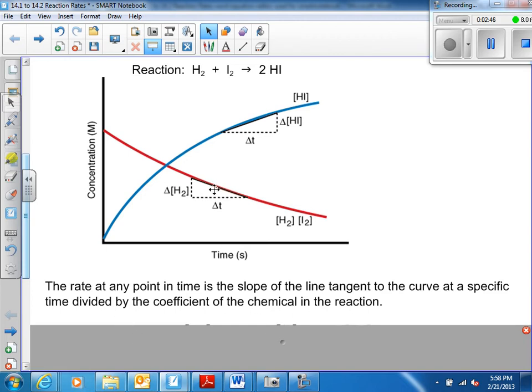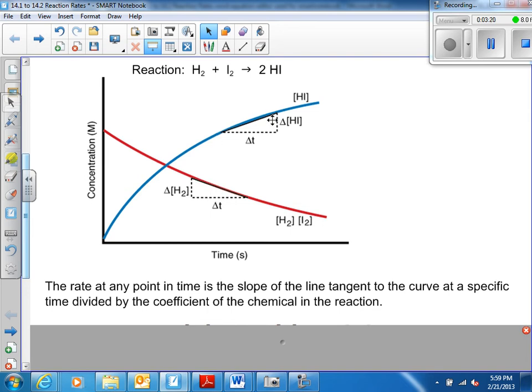So right here, notice this little triangle, they're taking a tangent line to the red curve at this point right here. And so at that point, the Y value, concentration of H2, is changing by this much, and the X value is changing by this much. So we would do the Y value over the X value. Y over X is slope. So this would be our slope of the tangent line, the line tangent to a curve. It's where it touches the curve at only one point on the curve.